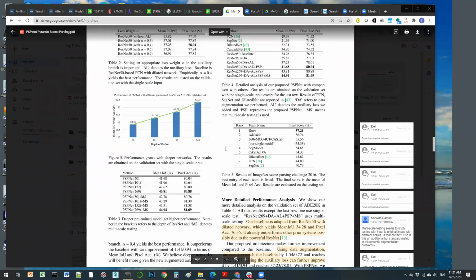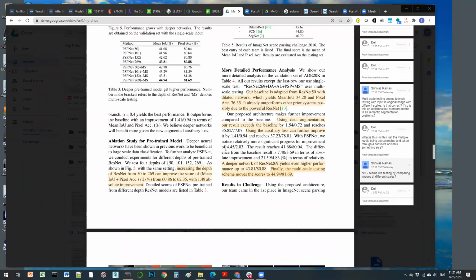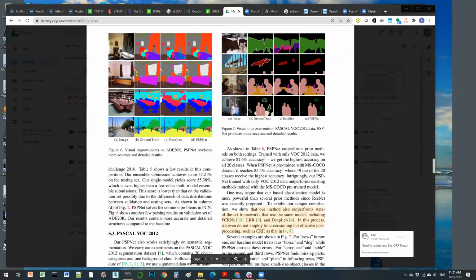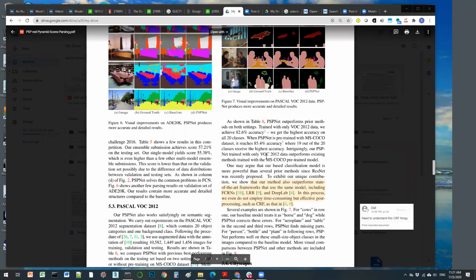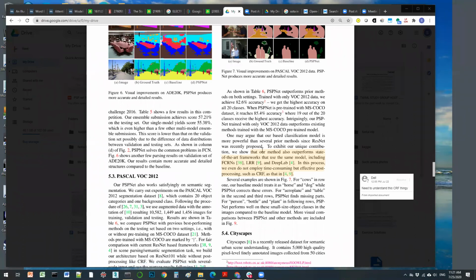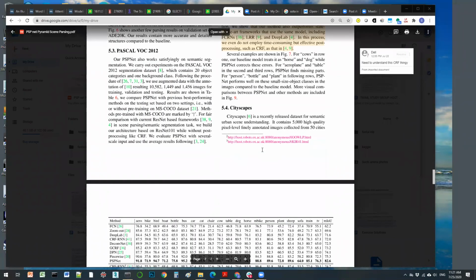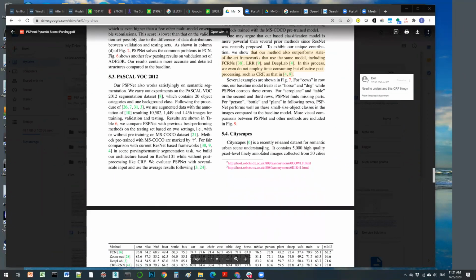Unfortunately, I don't know whether they provide it anywhere. Let's see what Pascal sizes are. They use Pascal VOC 2012, which is something that I've seen Jeremy also use in the object detection thing. And then there's some scene parsing ADE. Cityscapes is the other one. Let's check that also.